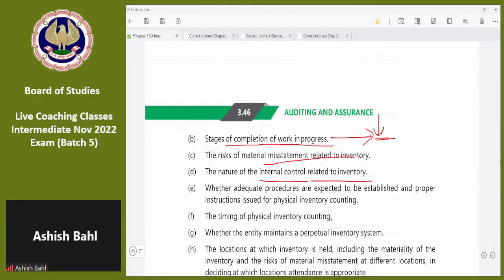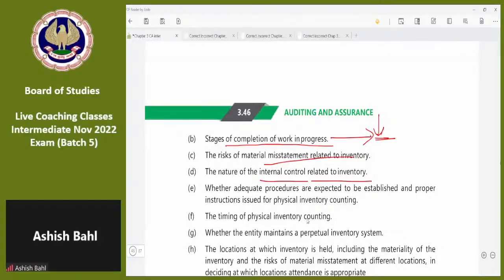So what could be the risk that there could be misstatements in the inventories? There could be differences in the quantities between what is reflected in stock records and what is physically counted.